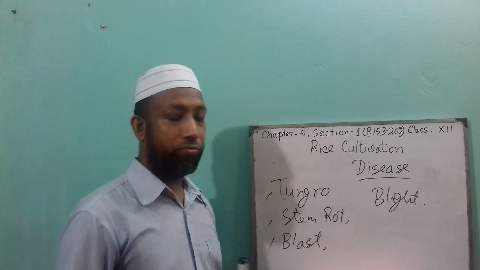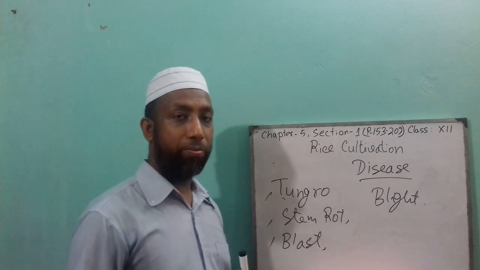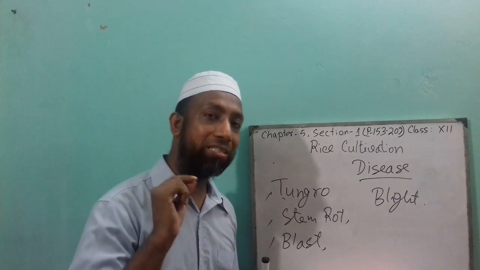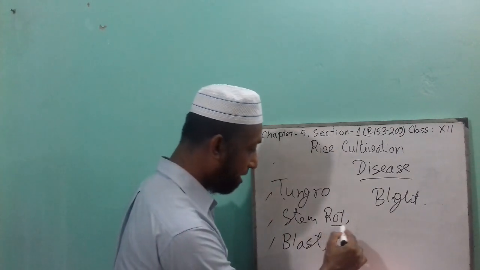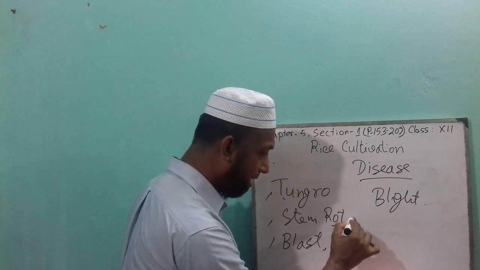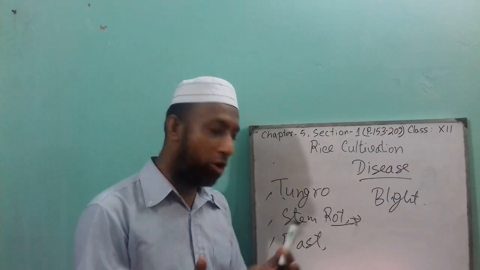So when you find these diseases, you have to look up the symptoms of the disease. Sometimes with stem rot, you can find the symptom on the stem. That means the stem becomes rotten.